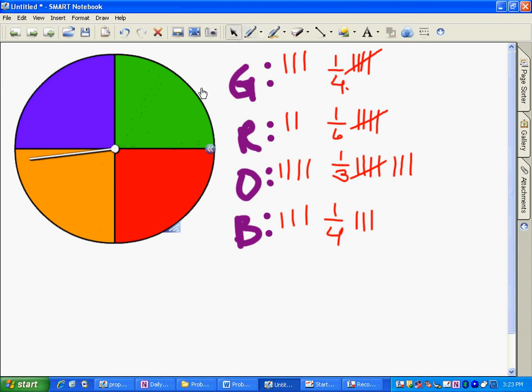The spinner's not helping me prove the theory, is it? Oh, that was not green, that was red.